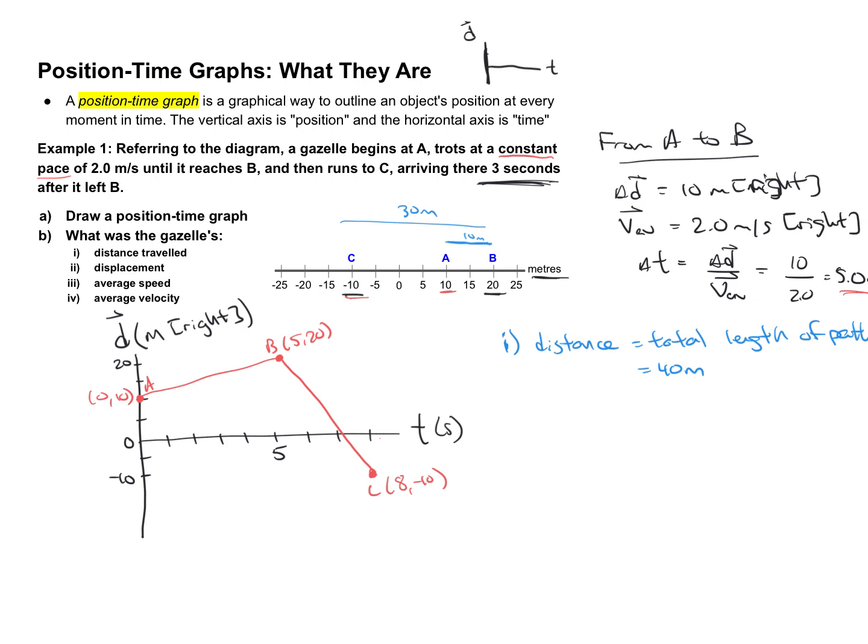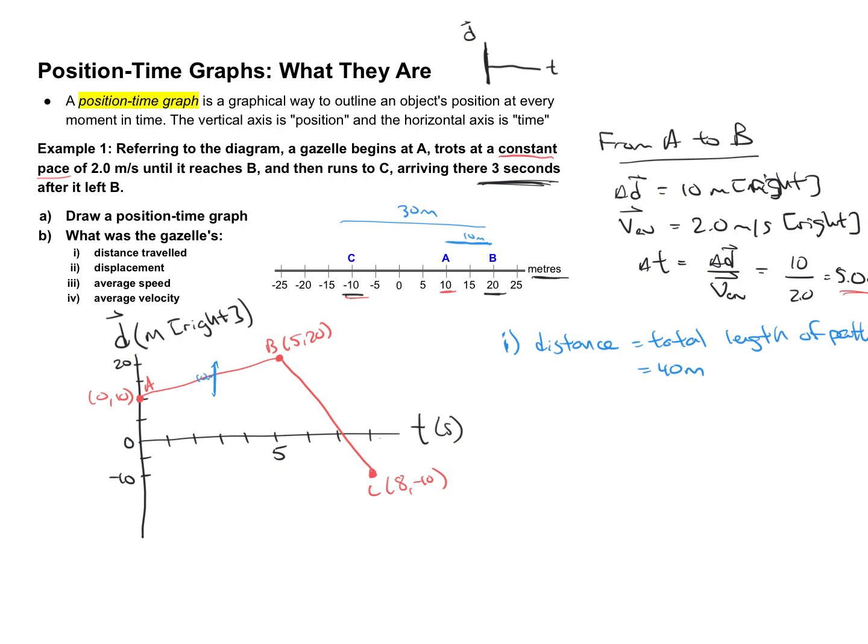But what if you weren't given that number line? What if you were just given this graph? You'd have to actually do the same thing, but look vertically. So from A to B, it actually went up by 10 meters. Okay, you have to look how much it went up by.